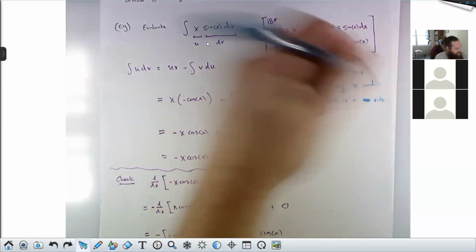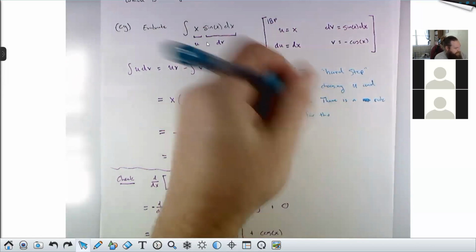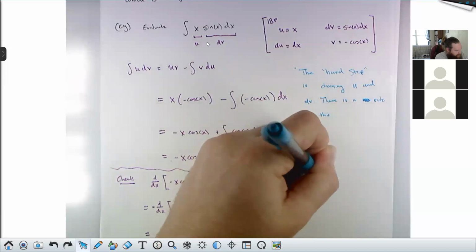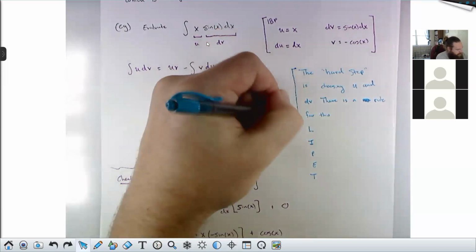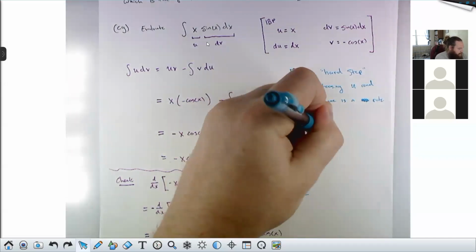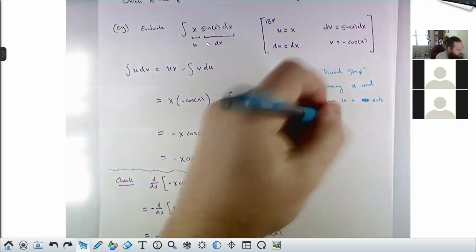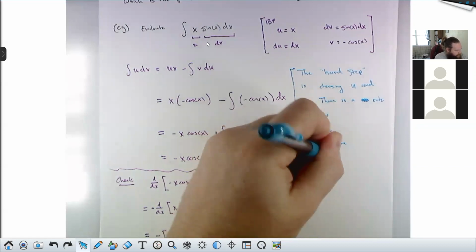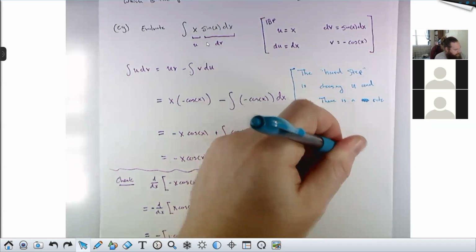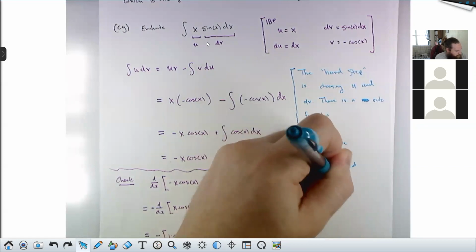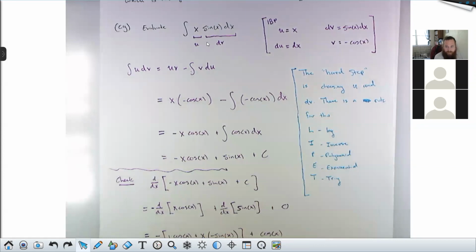There's actually multiple rules for this, but the version that I find the easiest to remember and that works the most is LIPET, which stands for log, inverse, polynomial, exponential, and trig. So LIPET, L-I-P-E-T.